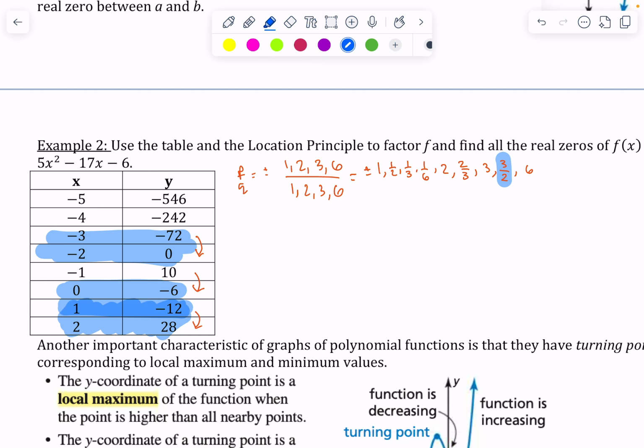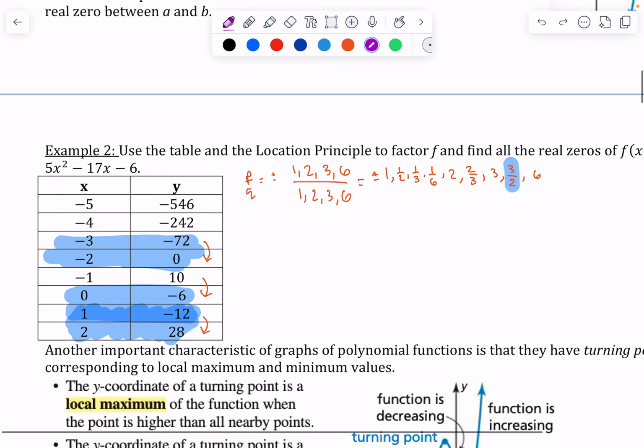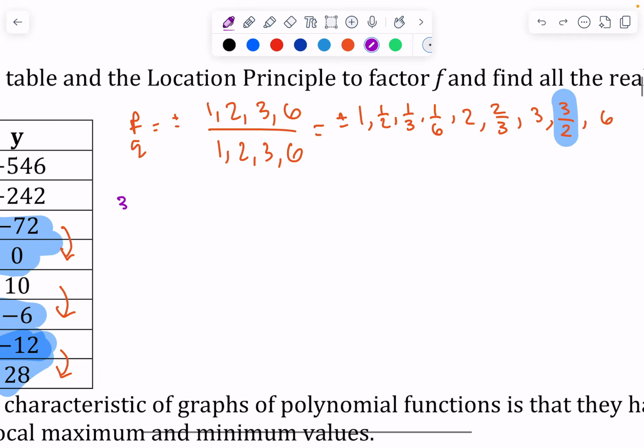And again, I'm using this part of the table to draw that conclusion. I know there has to be a 0 between 1 and 2 because I go from a negative y value to a positive y value. So I'm going to use that to factor. So I'm going to use synthetic division with a 0 of 3/2.